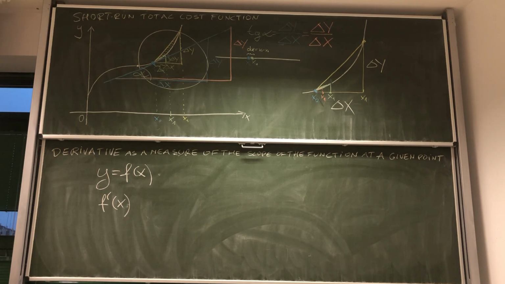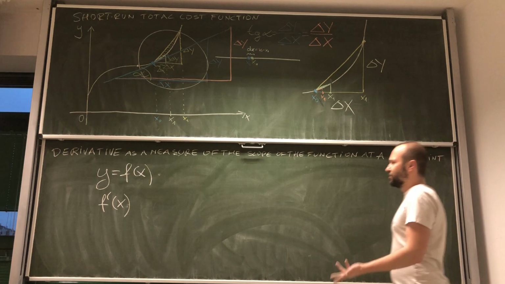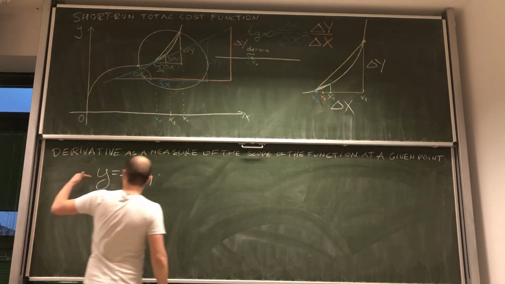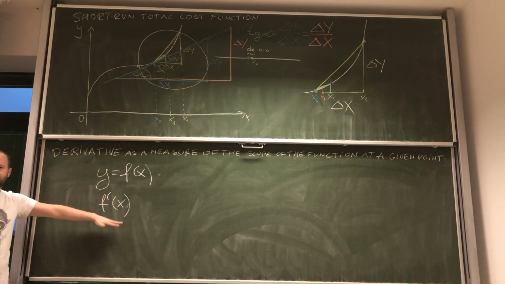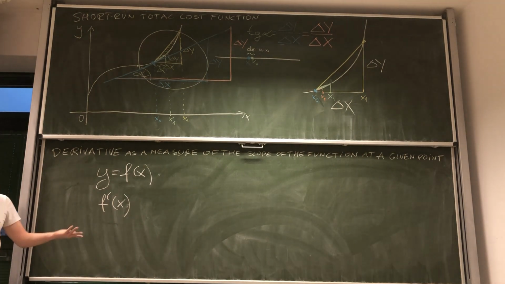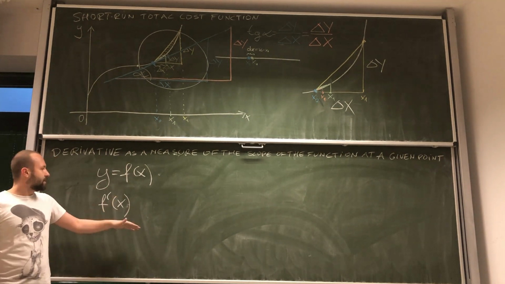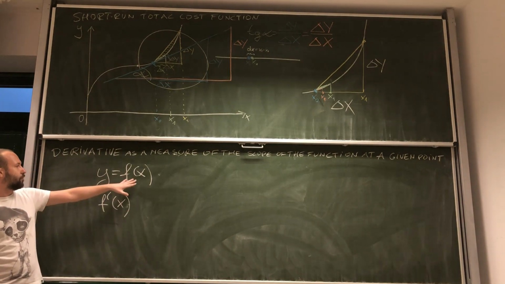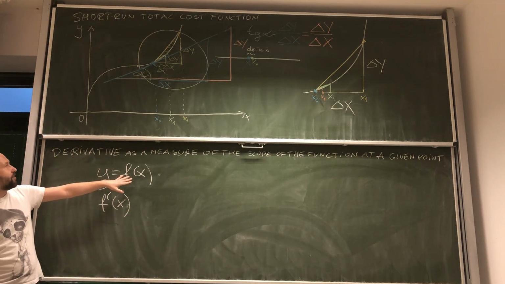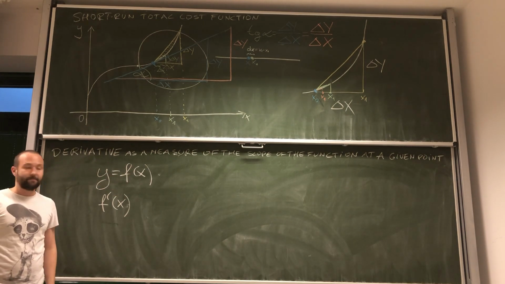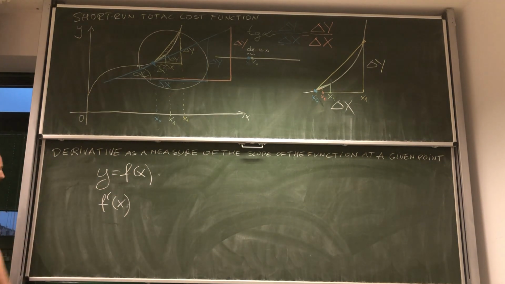Okay, but now, if you calculate the derivative, you have a function, you're obtaining a different function. You might ask, but what if I want to know the slope of this function at a point where x is equal to x0? Well, nothing easier.